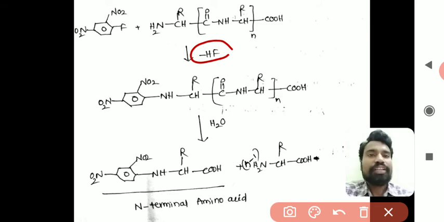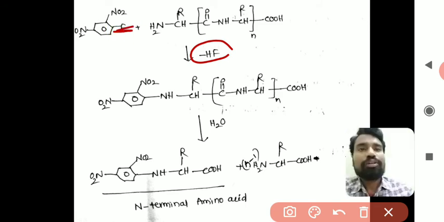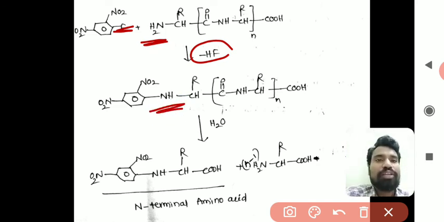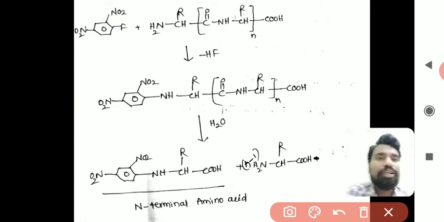as HF, and then there is a bond formation between this phenyl group and the amino group, so the 2,4-dinitrophenyl group will be attached to the N-terminal amino group.